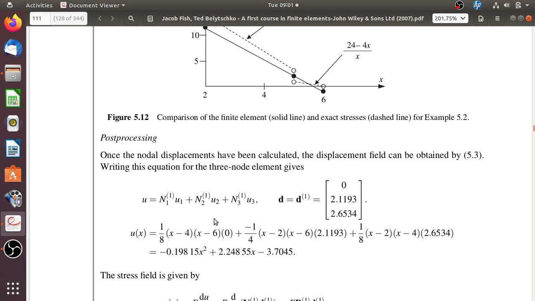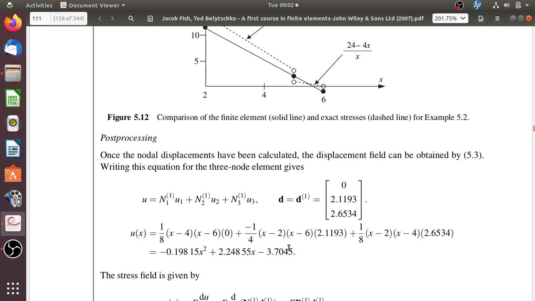Finally, after I substitute, I will get this quadratic equation. If we plot this u as a function of x, then I will get to know how the displacement is distributed in that bar.